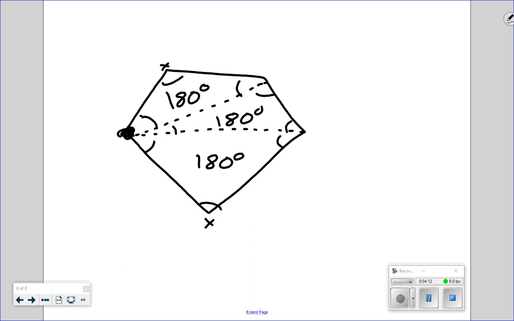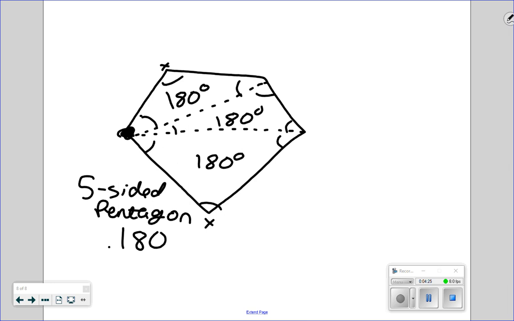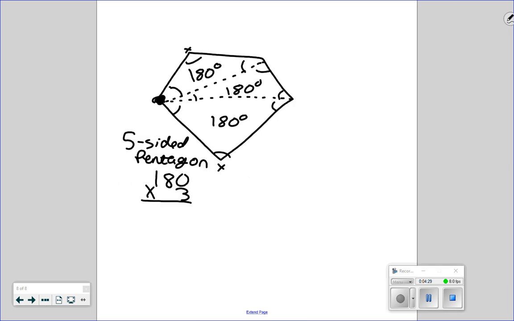So a pentagon, or a 5-sided figure, has an interior angle sum of 180 times 3, because you create 3 interior triangles, and each of those triangles is 180 degrees. That ends up being 540 degrees. So the interior angle sum of a pentagon is 540 degrees.